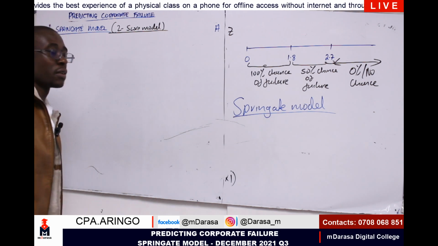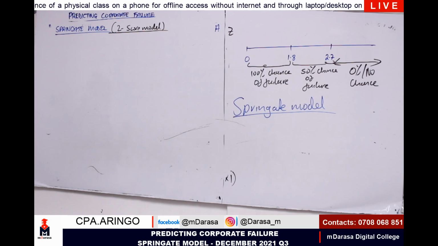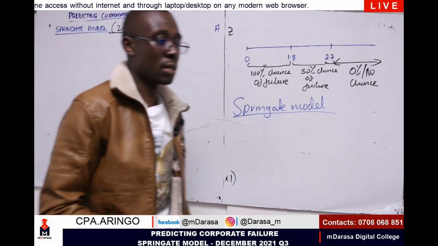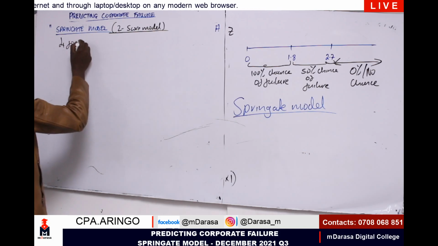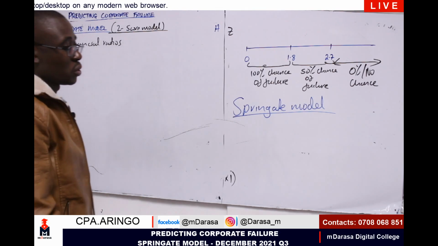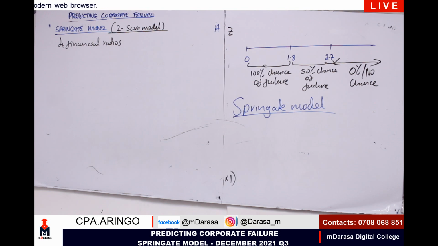The difference is that in terms of financial ratios, it has a smaller set compared to Z-score. It uses four financial ratios. Remember, Altman's used five, while Springate uses four financial ratios.